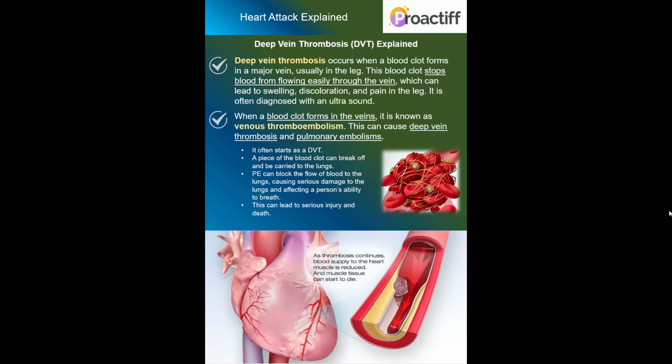So deep vein thrombosis. This DVT condition occurs when a blood clot forms in a major vein, usually in the leg. This is just an example. This blood clot stops the blood from flowing through the rest of the vein, which can lead to swelling, discoloration, and pain in the leg.